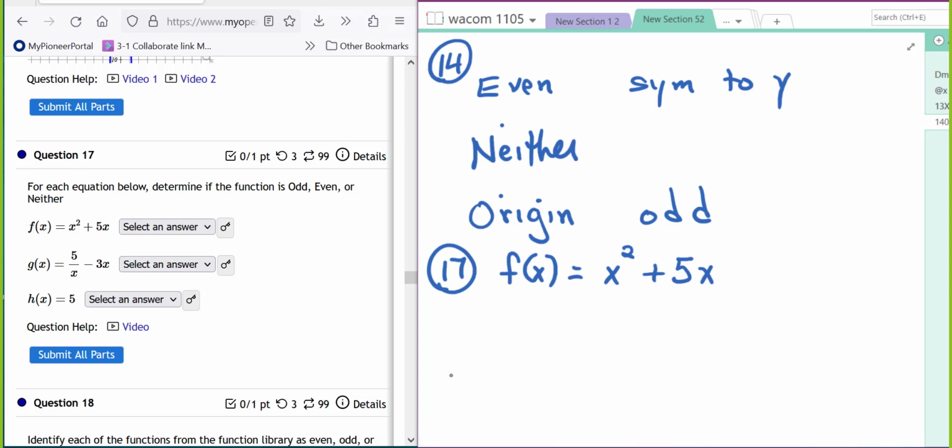All right, so they're just asking us odd, even, or neither. Your exponents here, you have 2, and your exponent here is 1. So this is a mixture. It's going to be neither.